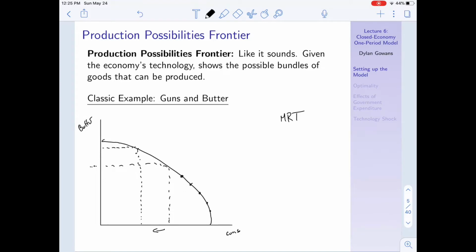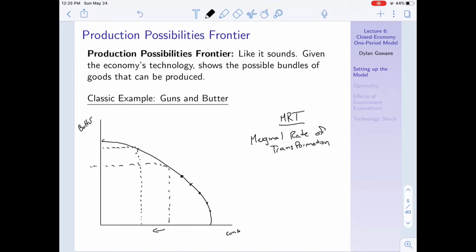Now, one important concept from this is, I left myself a note here, MRT, which is the marginal rate of transformation. And what this says is how much butter can I get by sacrificing production of one gun in this case.